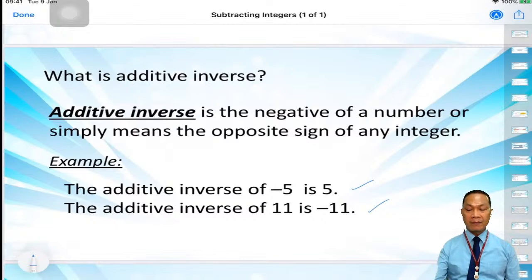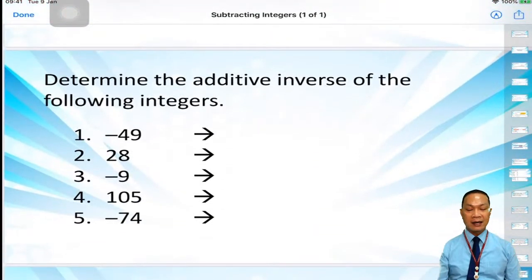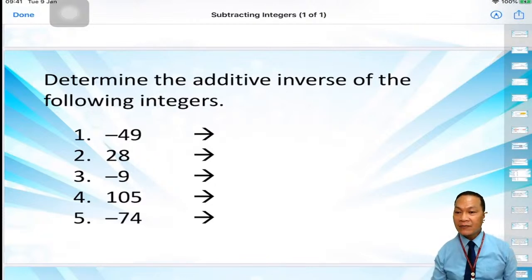Alright. Next, let's do the practice exercise in determining the additive inverse of the following integers. Who can give the additive inverse of negative 49?